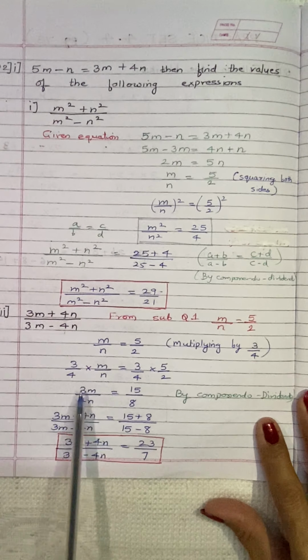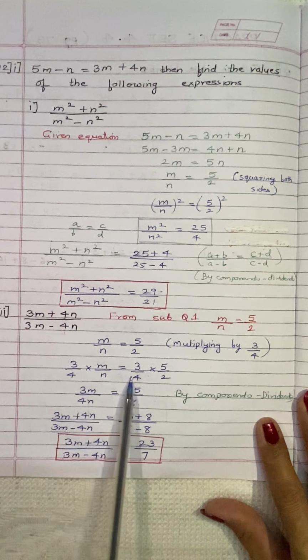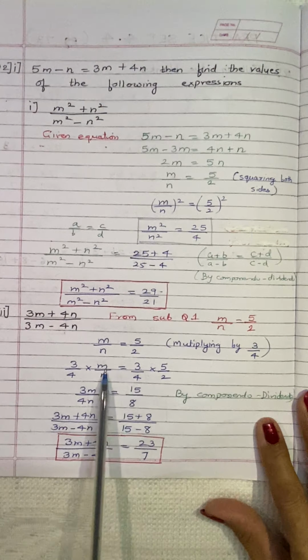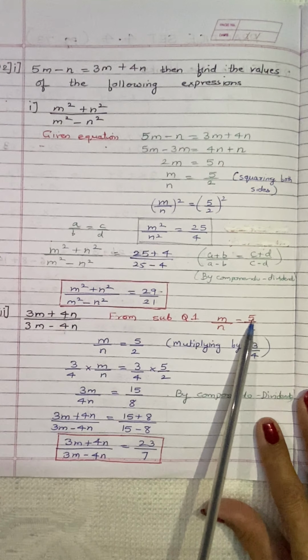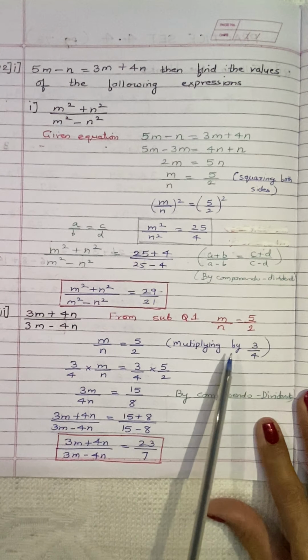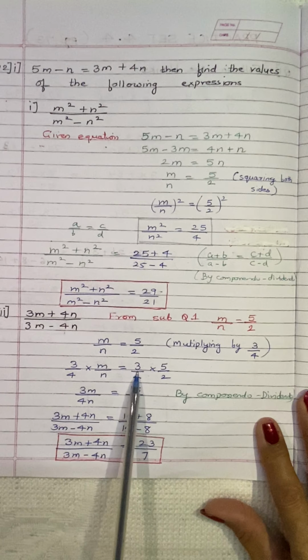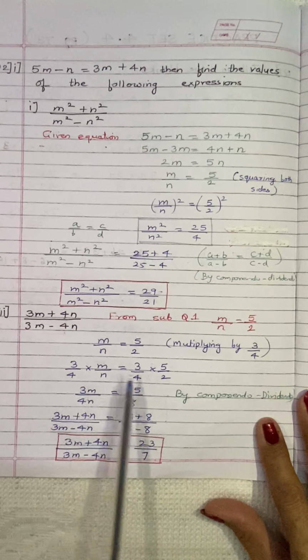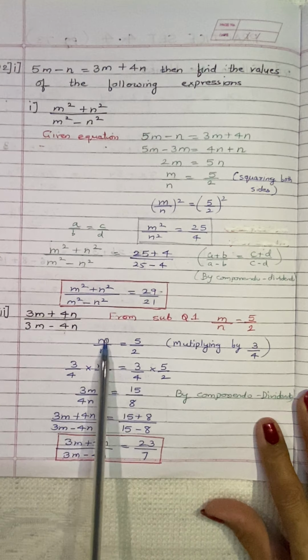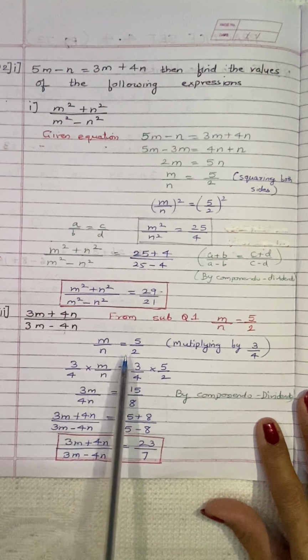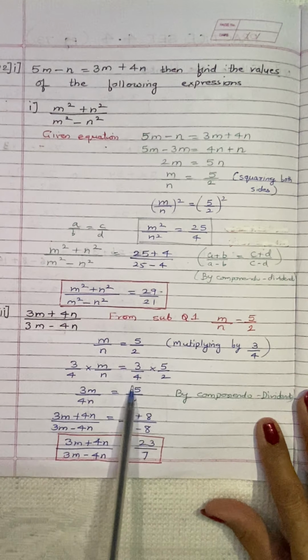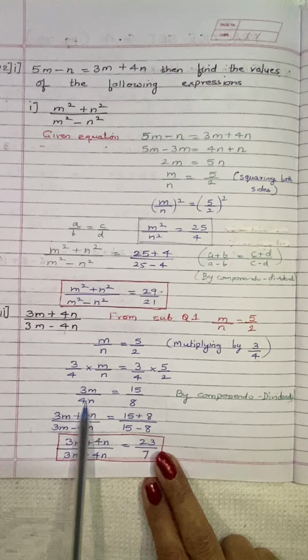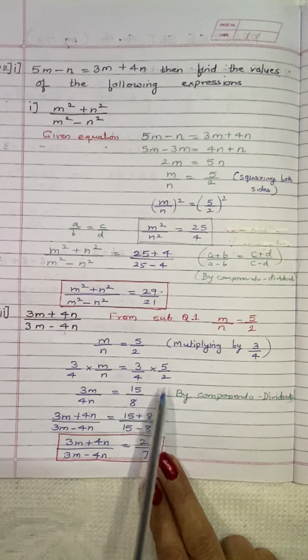So 3 into m is 3m, 4 into n is 4n. Now we'll substitute the value of m as 5 and n as 2. We are multiplying 3 upon 4 on both the sides: m upon n multiplied by 3 upon 4, and 5 upon 2 multiplied by 3 upon 4. So 3m upon 4n: 5 threes are 15, 4 twos are 8.